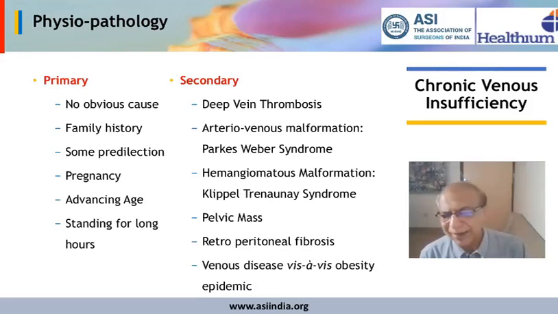It is a problem where man pays the price of standing erect from being a quadruped. It rarely occurs in the upper extremity. If at all it is in the upper extremity, it is usually an arteriovenous malformation known as Parkes-Weber syndrome, or it may be a hemangiomatous malformation known as Klippel-Trenaunay syndrome.